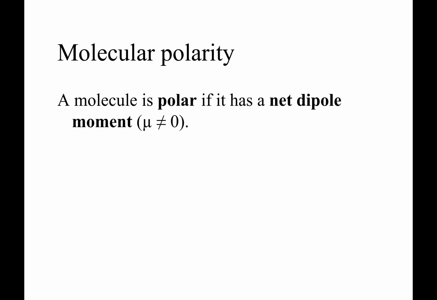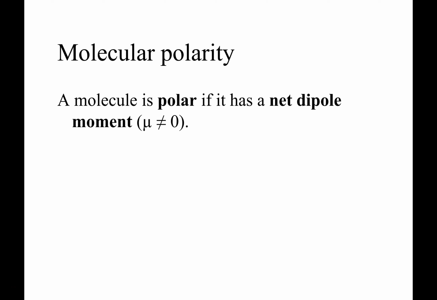So a net dipole moment looks at the question of polarity of the molecule, looking at the individual polarity of the bonds. We use the Greek letter mu, the same Greek letter we use for micro, to talk about net dipole moment.